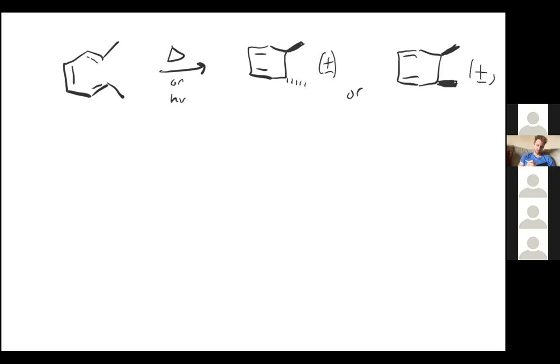So starting with light, we're going to take a look at those orbitals we talked about. So if I was to redraw this with orbitals in it, wherever I had double bonds, I'm going to fill in orbitals. And then we're going to use that same patterning we talked about.